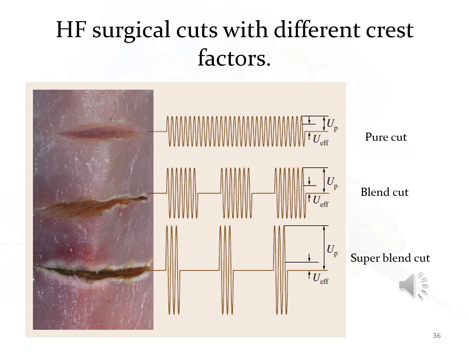For a blend cut, where the cutting surfaces show a brownish discoloration, a high-frequency current with a crest factor of between 2 and 4 is used, depending on the required degree of coagulation. A current with a crest factor higher than 4 no longer allows satisfactory cutting.